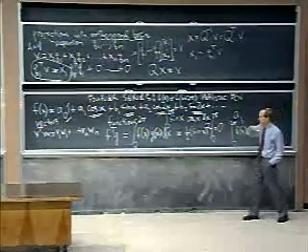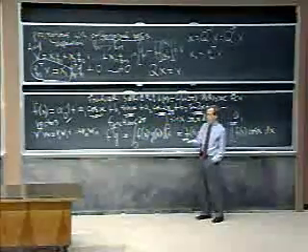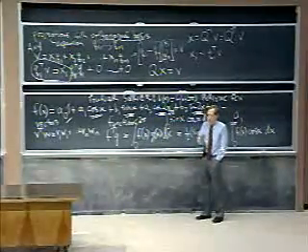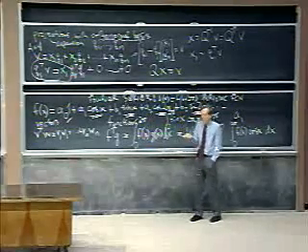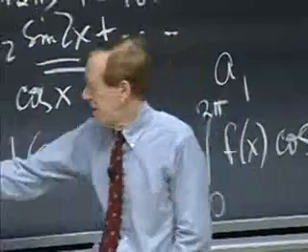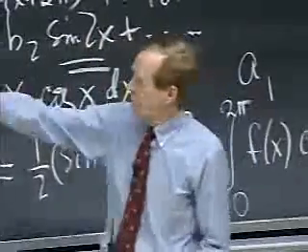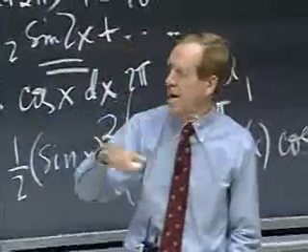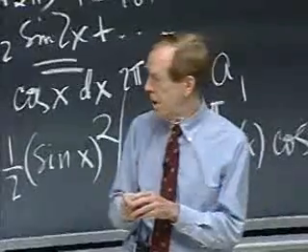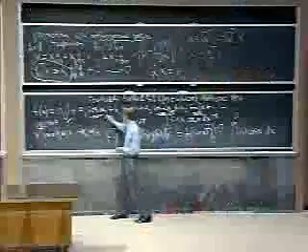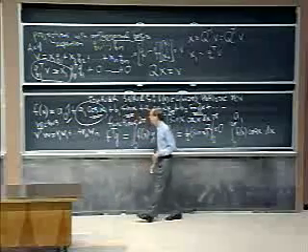When I say take the inner product with cos x, let me put it in ordinary calculus words: multiply by cosine x and integrate. That's what inner products are. So if I multiply that whole thing by cos x and I integrate, I get a whole lot of zeros. The only thing that survives is that term. All the others disappear.